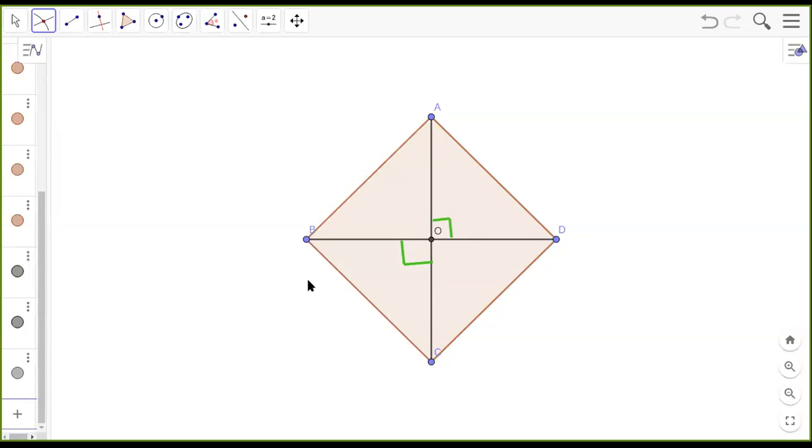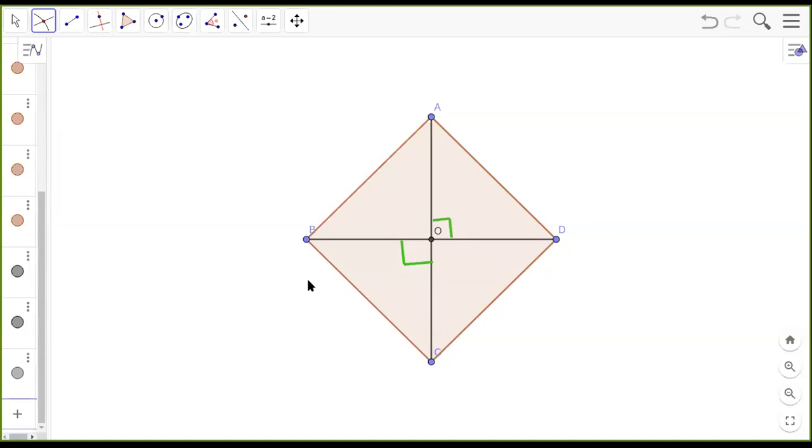Now, what is it that I have to show? I have to show that the sum of the squares of the sides of a rhombus is equal to the sum of the squares of its diagonals. So, what is it that I have to prove?